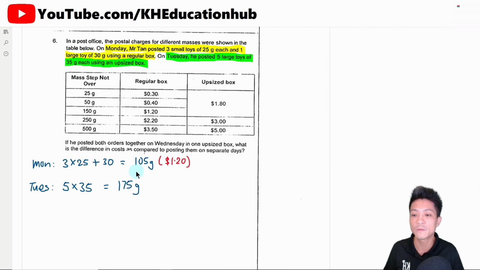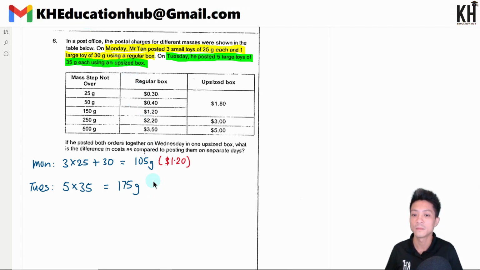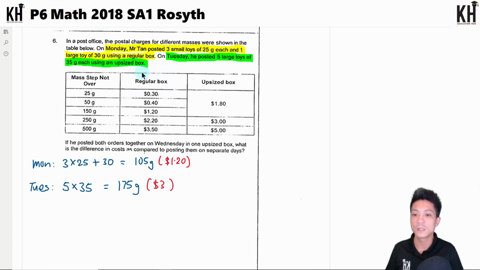But he's using an upsized box, so for 175 grams it'll be $3.